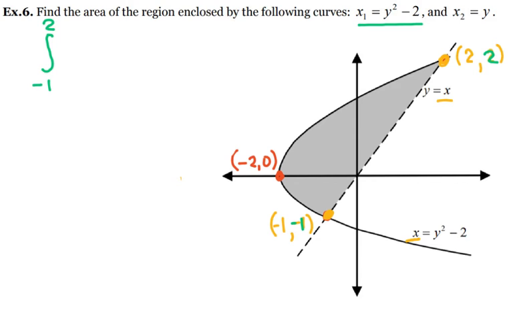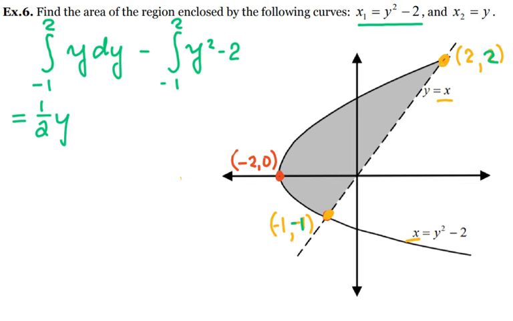Because my top function is x equals y, I'm going to have y as my top function, dy, minus, and then the integral from -1 to 2 of the second function, y squared minus 2. If I take the integral of the first function, we will have 1/2 y squared, and for the second function we will have minus 1/3 y to the third minus 2y, and I forgot dy over here.